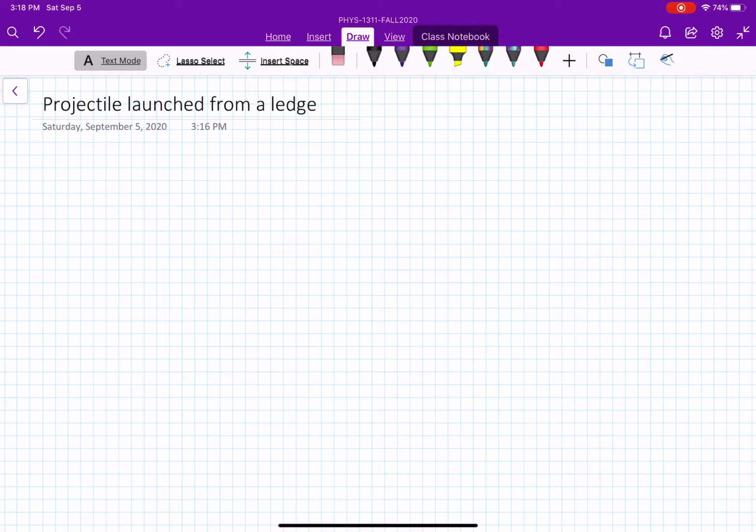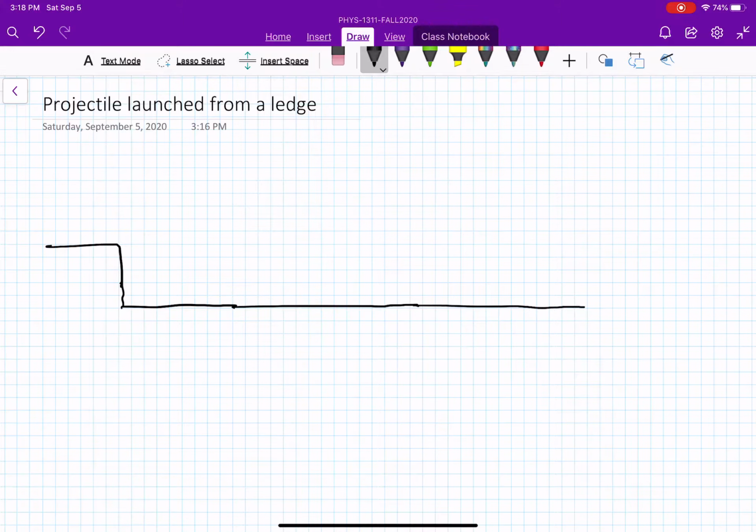Okay, so the problem looks like this. Here's the picture. Let's imagine we've got a ledge, and I fire a projectile from the edge of the ledge at some initial velocity v0, okay?